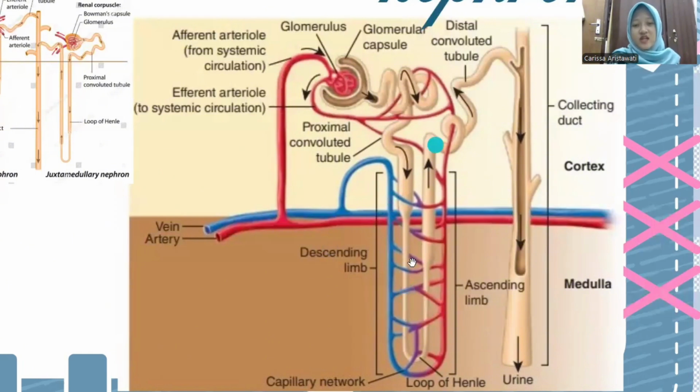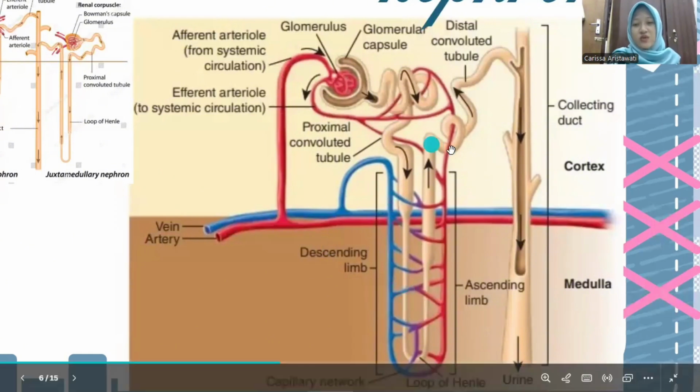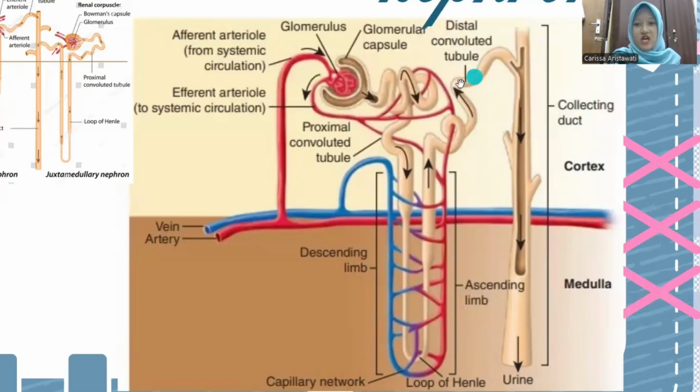Simultaneously, this secondary urine will be moved into the distal convoluted tubule or distal tubule, which will form the true urine or tertiary urine. This true urine will travel down into the ureter, but first it will go through this tube.